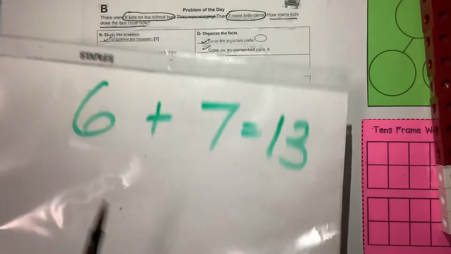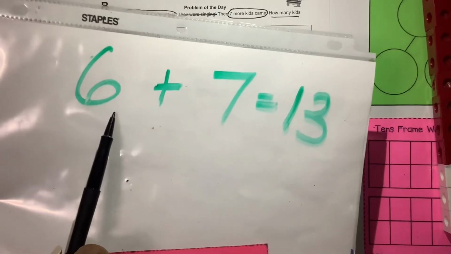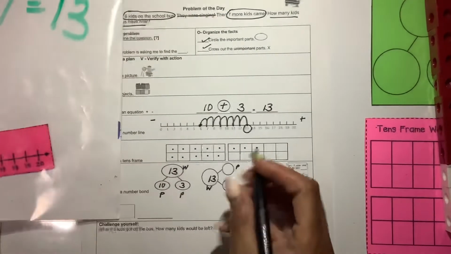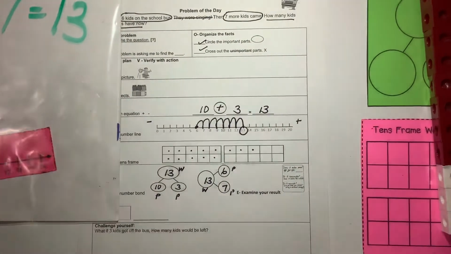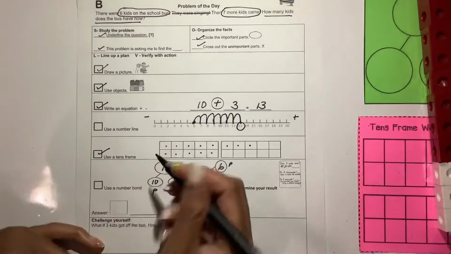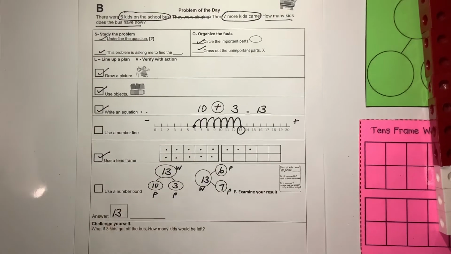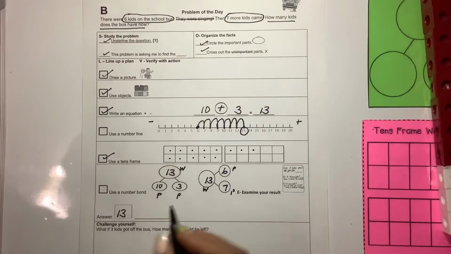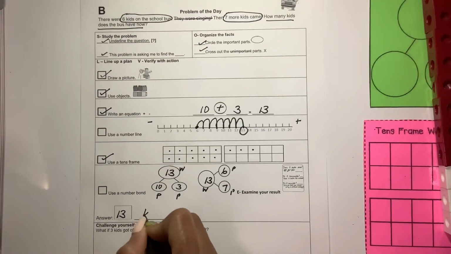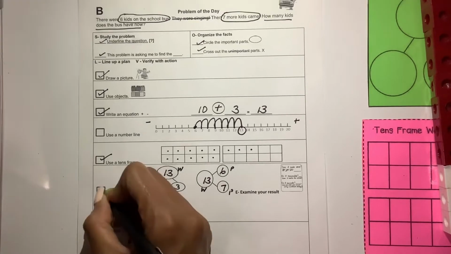Or you can have your 6 kids on the bus plus your 7 more. So I'm going to write them both ways. And then make sure and put your answer in your box. And what is the problem asking us to find? The amount or the number of kids that are on the bus. So 13 kids.